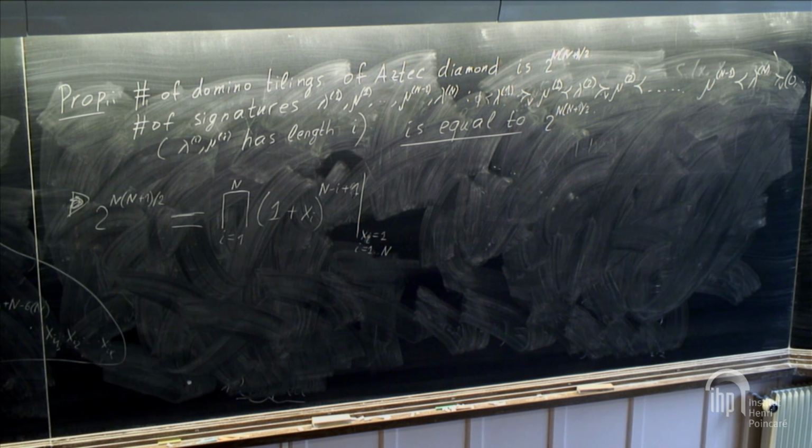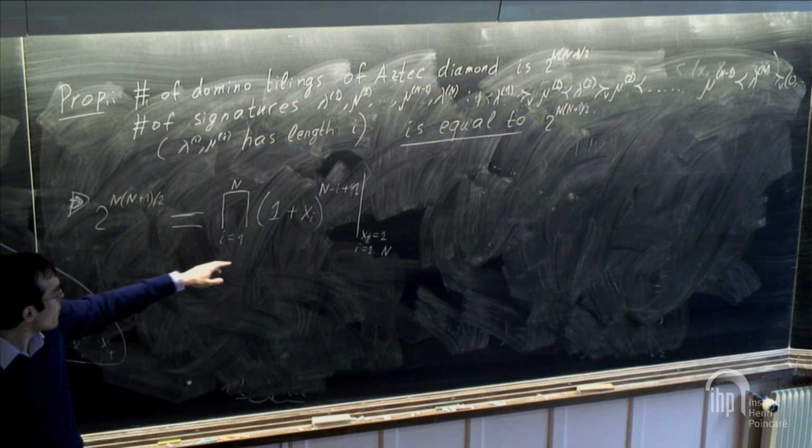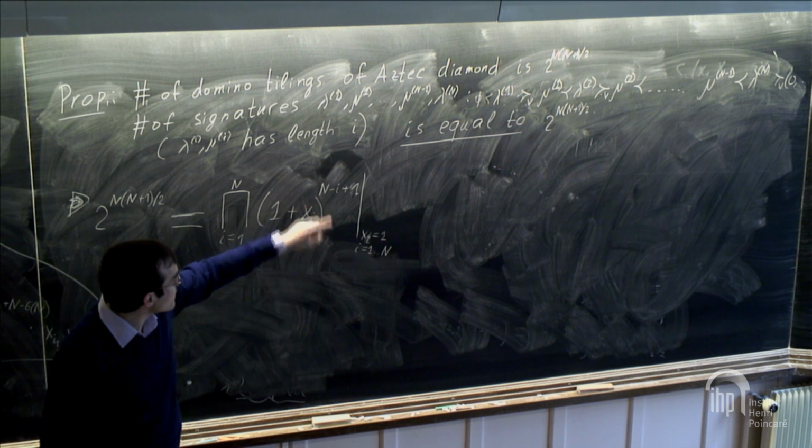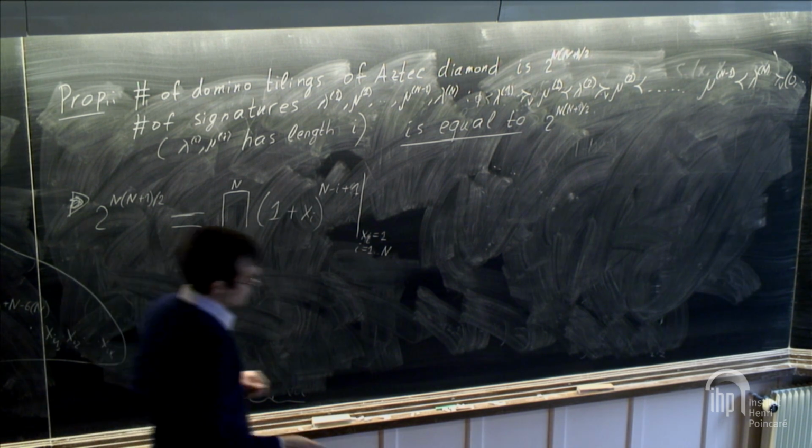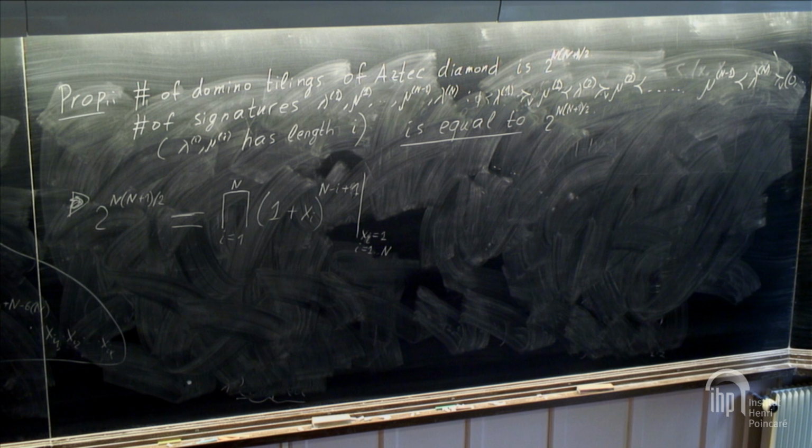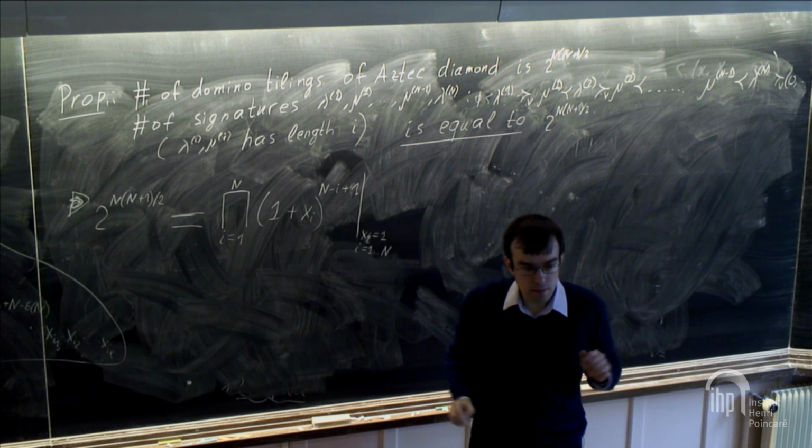But for now, this will look a little bit like a trick which uses these statements about Schur functions. So I write the following not very intuitive thing: 1 plus xi to the power n minus i plus 1. It's easier to think of this as 1 plus x1 to the power n, 1 plus x2 to the power n minus 1, ..., 1 plus xn to the power 1.